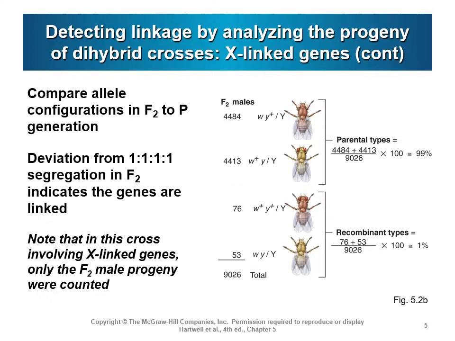Okay, now let's look at F2, the second progeny. As we remember, these properties were coming from mother, and let's look at males at F2.